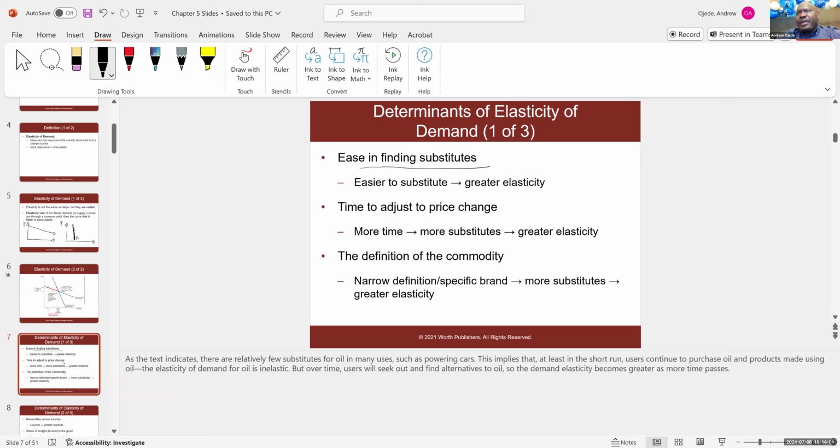If consumers are buying a product where there are no close substitutes, I'll give you one example. In most towns in America, you might find there's only one electric company. So there are not a lot of substitutes. When the electric company raises the price of electricity, you don't have a choice because that's the only option.